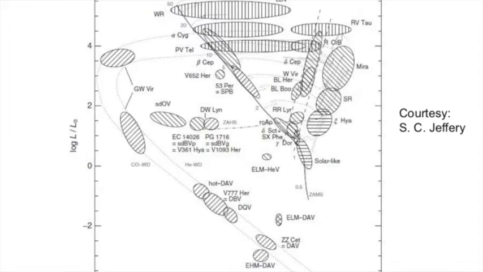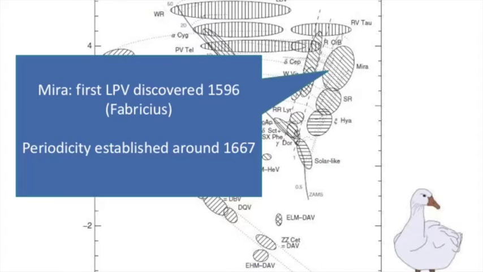And that means I'll be neglecting a number of variables, but we have a lot of talks during the meeting that will cover many of those other stars. So, let's talk about discoveries.